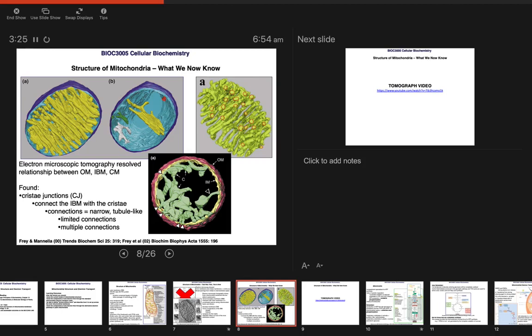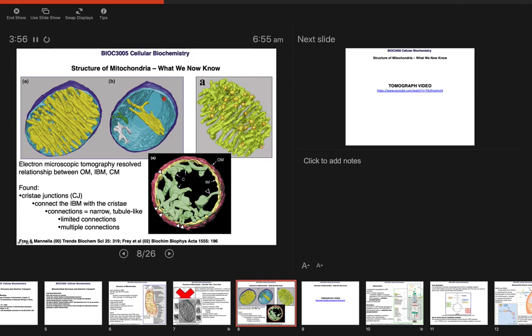You can easily see how individual cristae can form tubules or sheets, as shown in image B in the top left diagram. Okay, so sheets of mitochondrial cristae. You can see the outer membrane shown in purple, the inner membrane shown in light blue, and also where the cristae join the inner membrane, and those are the cristae junctions.